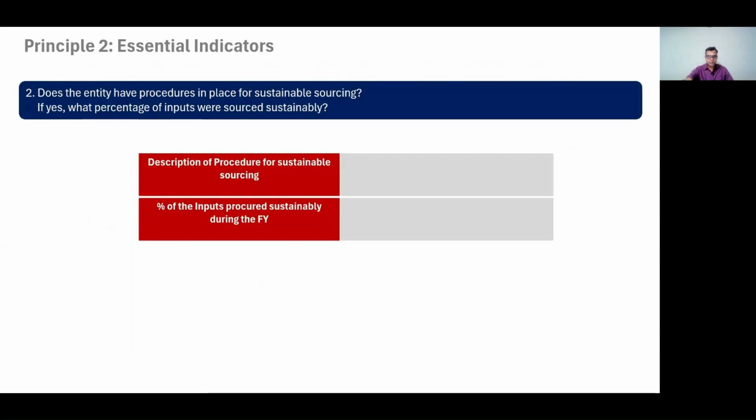Coming to the indicator number 2, which is, does the entity have procedures in place for sustainable sourcing? If yes, what percentage of inputs were sourced sustainably? What is sustainable sourcing?